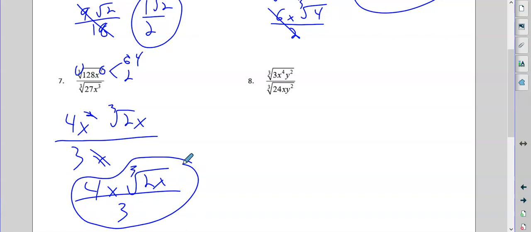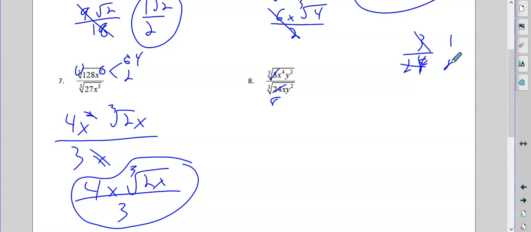Number 8. Again, we can simplify this. This 3 can go into this 24 8 times. Just like regular 3 over 24 can simplify to 1 over 8. We can do it underneath the radical. They're the same radical. They're both cubics. It's okay. All right? We can do the same thing with the x's.